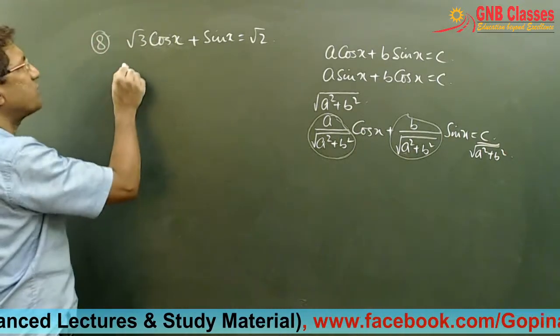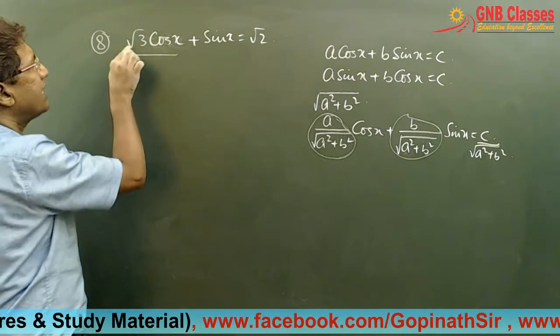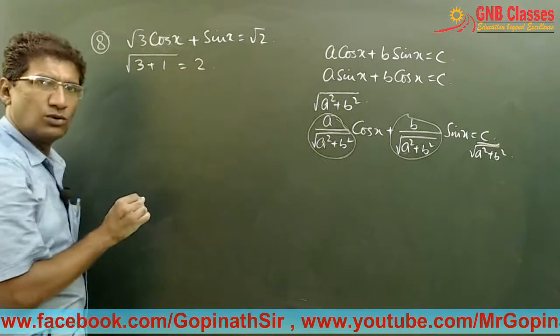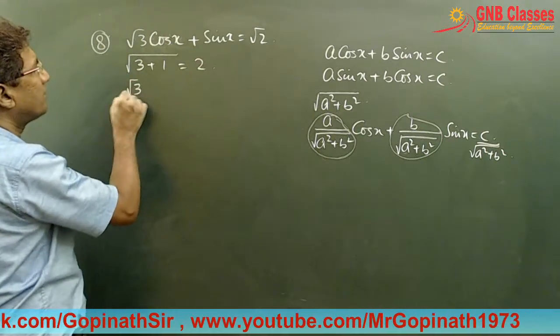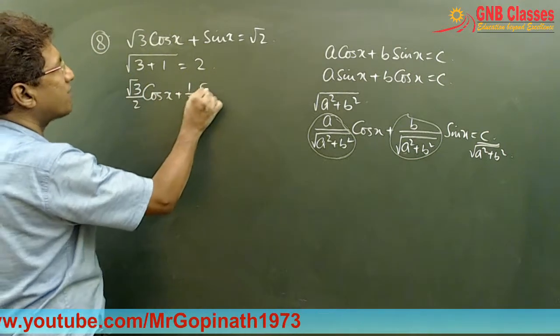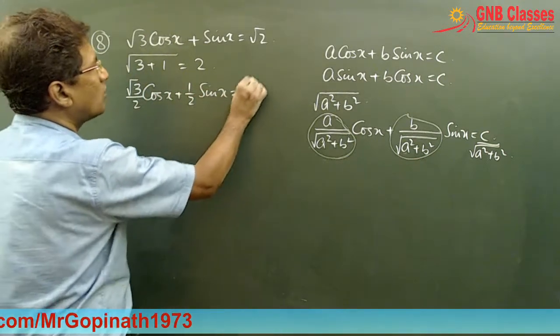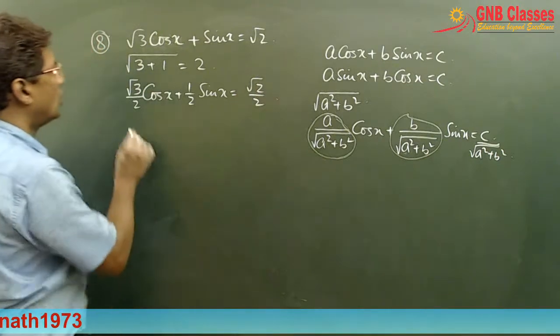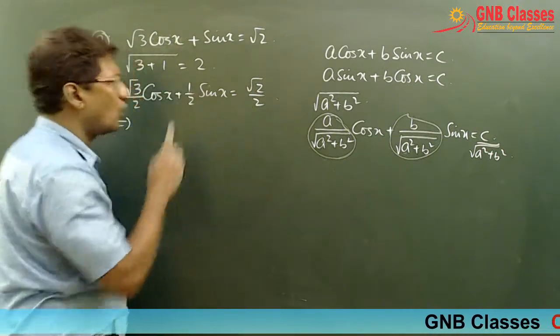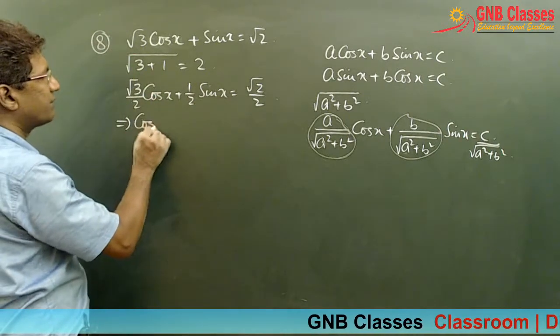Okay. Now you see in this case also, it is like the first form. So all we will do is divide both sides by root of a square plus b square, that is nothing but 2. So what we are getting? Root 3 by 2 cos x plus half sin x equals root 2 by 2. So this part will give you what? If I want to convert this in terms of cos, what are we going to get?